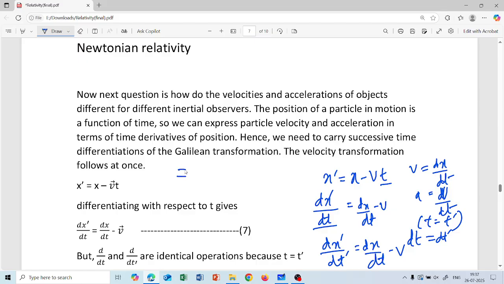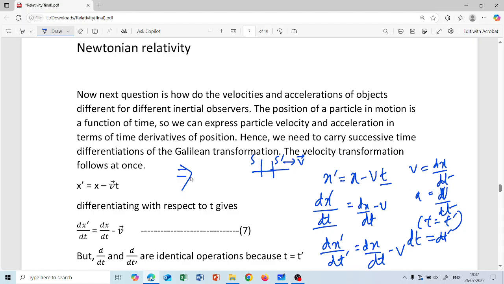Since we are taking only one coordinate system, we assume that only the frame of reference is moving. This is s prime and this is s, and s prime is moving with constant velocity v with respect to s, only in x direction.